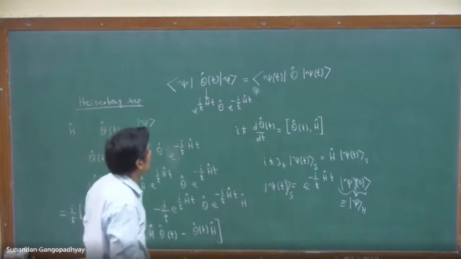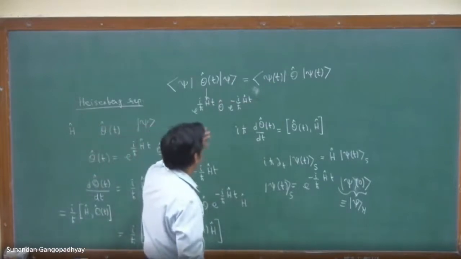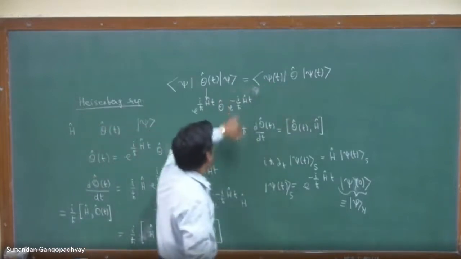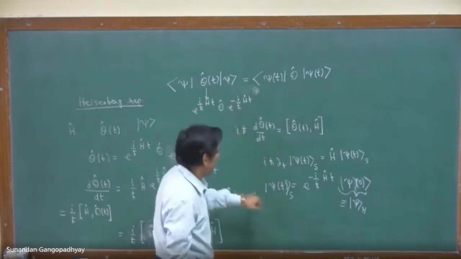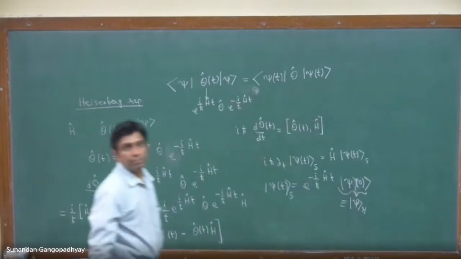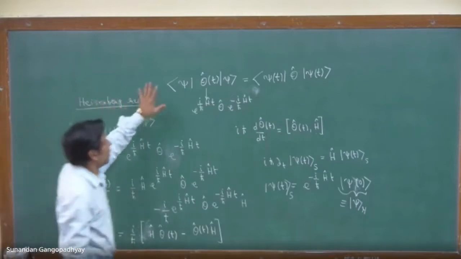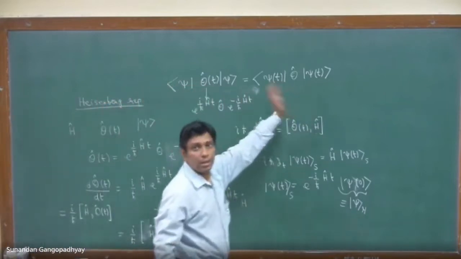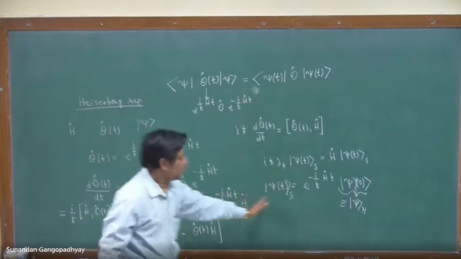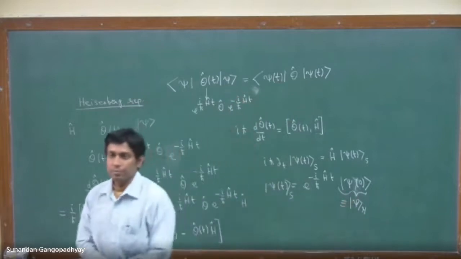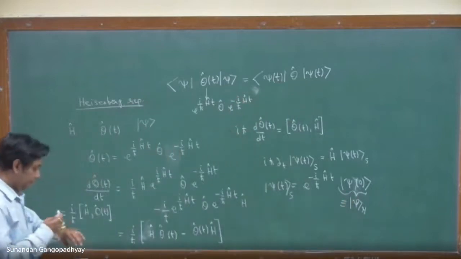From here, you immediately see that ket psi t gets identified with e to the power of minus this thing times psi 0. So even from the equality of matrix elements in different representations, this relation follows. So everything is consistent.